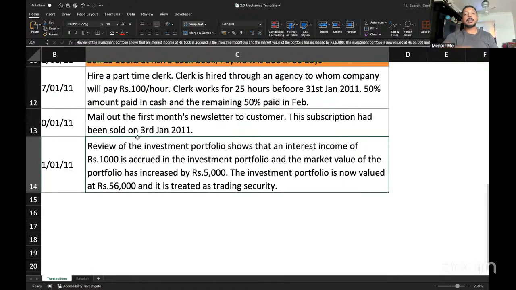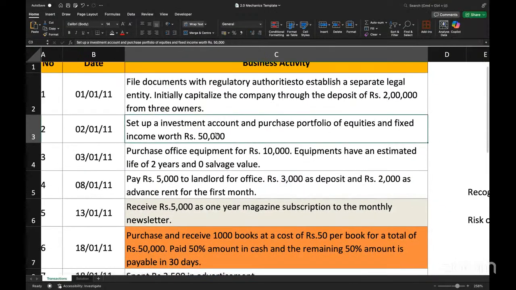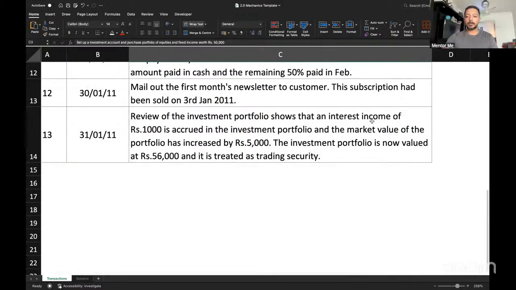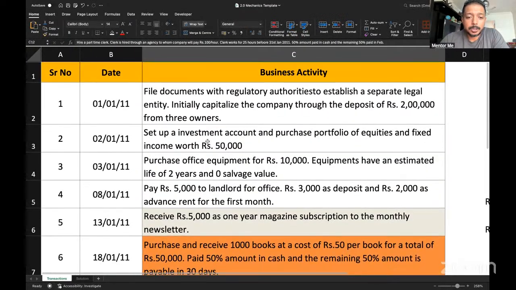Okay. So now the investment portfolio, which we had put 50,000 in, remember? That has increased in value by 5,000. So that includes 1,000 accrued in the investment portfolio, and the market value of the portfolio has increased. If I simplify this for you, this 50,000 was a mix of bonds and equities, stocks and maybe fixed deposit.